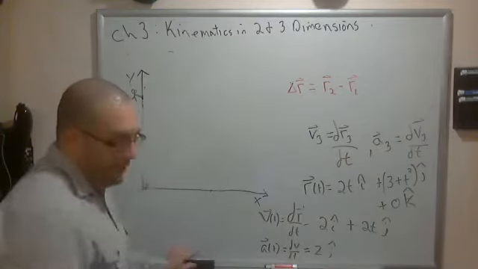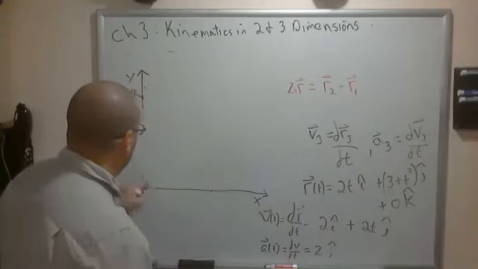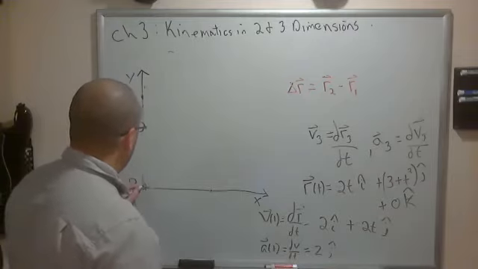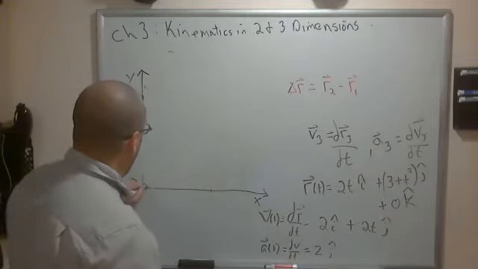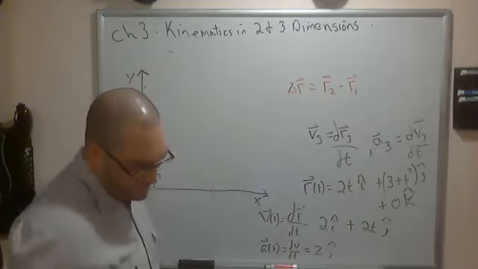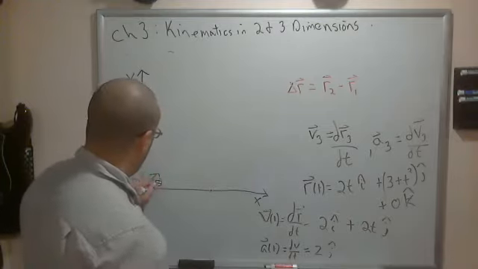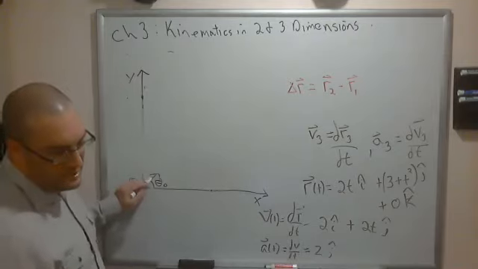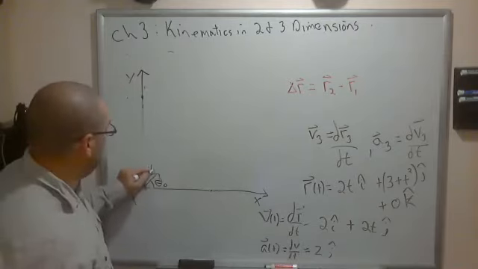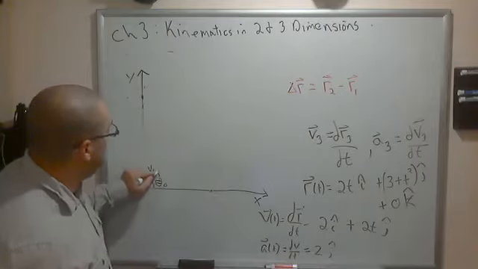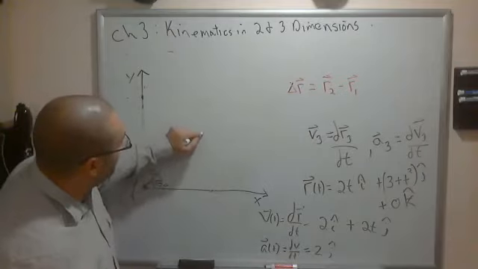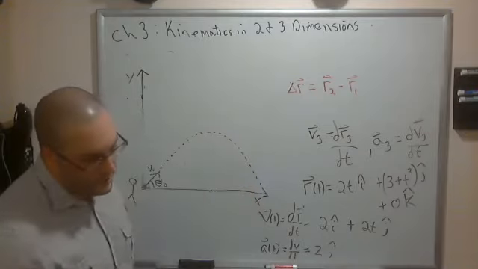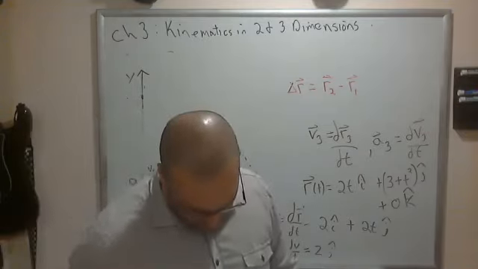So if I threw a ball now from the ground, and I throw the ball at a certain angle, theta naught, that's the initial velocity. This is v0. What will happen is that it will make an arc, and we call this a parabolic trajectory.